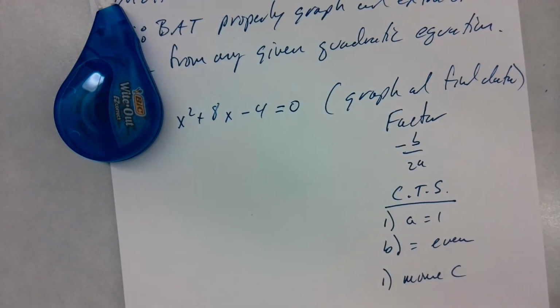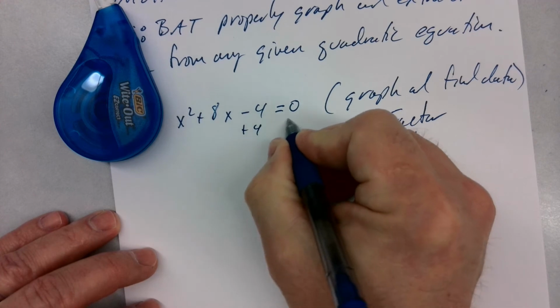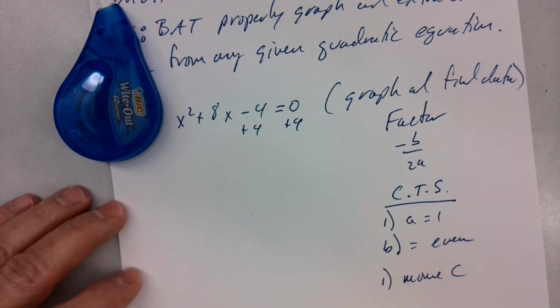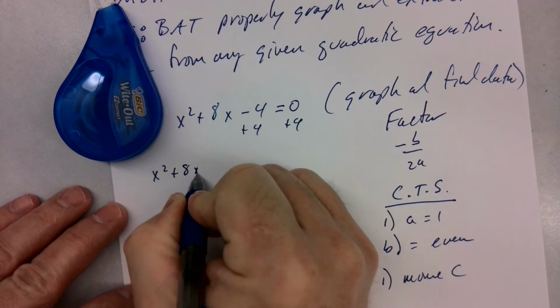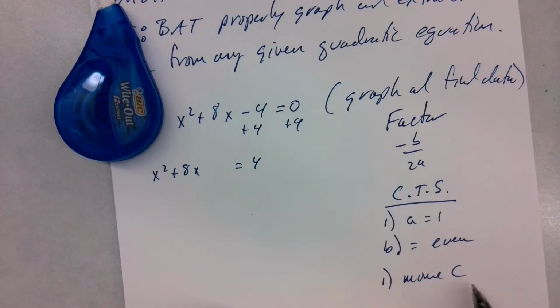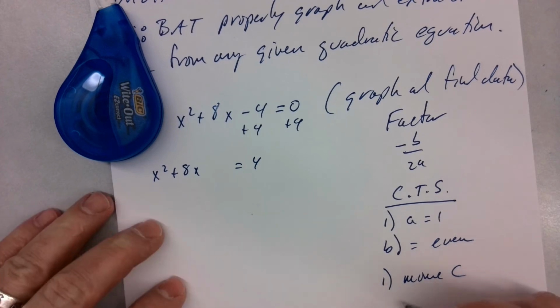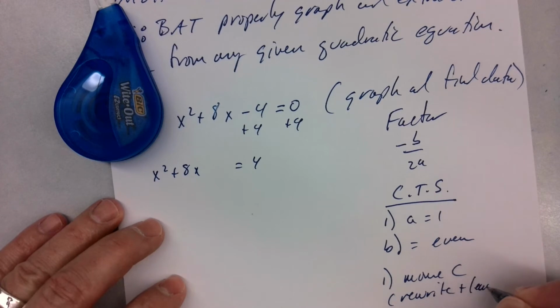Now, when I say move c, I'm simply going to add my 4 to both sides. Then I'm going to go x squared plus 8x equals 4. Now, once I move c, I rewrite and leave a space.